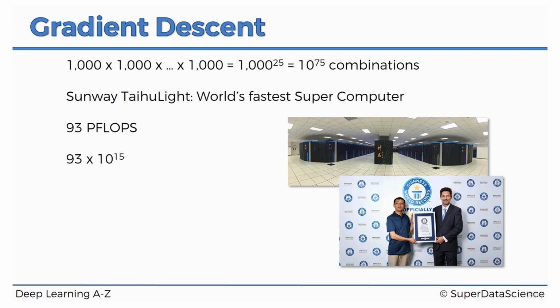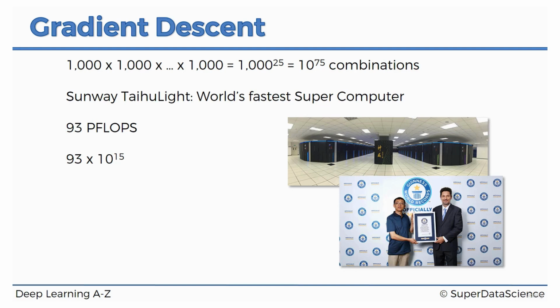So it can do 93 times 10 to the power of 15 floating point operations per second. That's how quick it is. In comparison, average computers right now do just over several gigaflops, way less than Sunway TaihuLight. So it is at the forefront of technology.